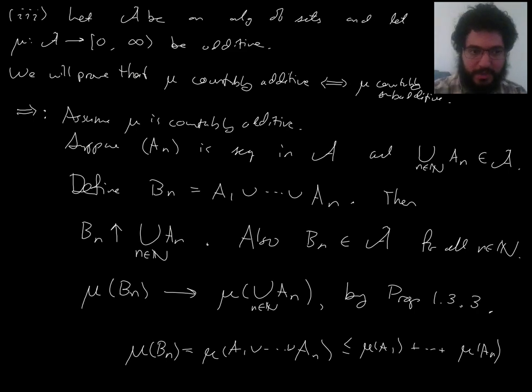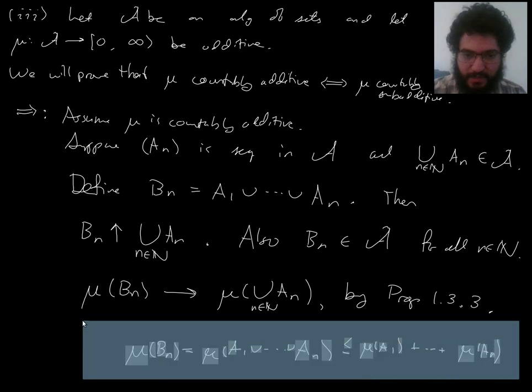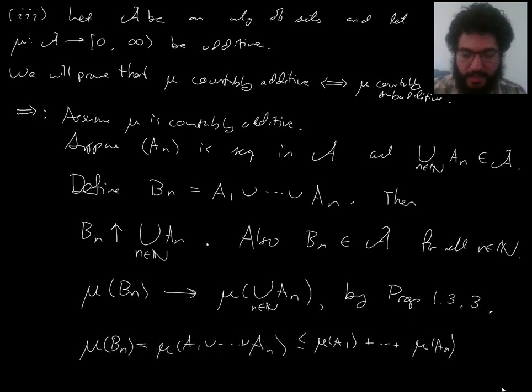Okay, but look at this sum. This is a partial sum in a certain series, right? So this is the nth partial sum in the series, which may or may not converge as far as we know right now. This is the nth partial sum in the series, which is the sum of the mu of the An's. Now, for that series to converge, this sequence of partial sums has to converge.